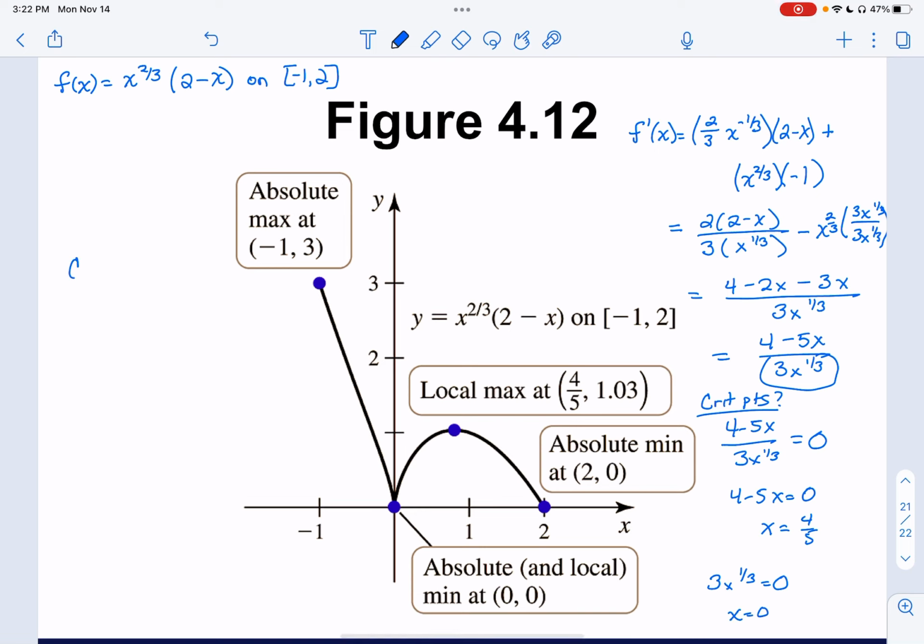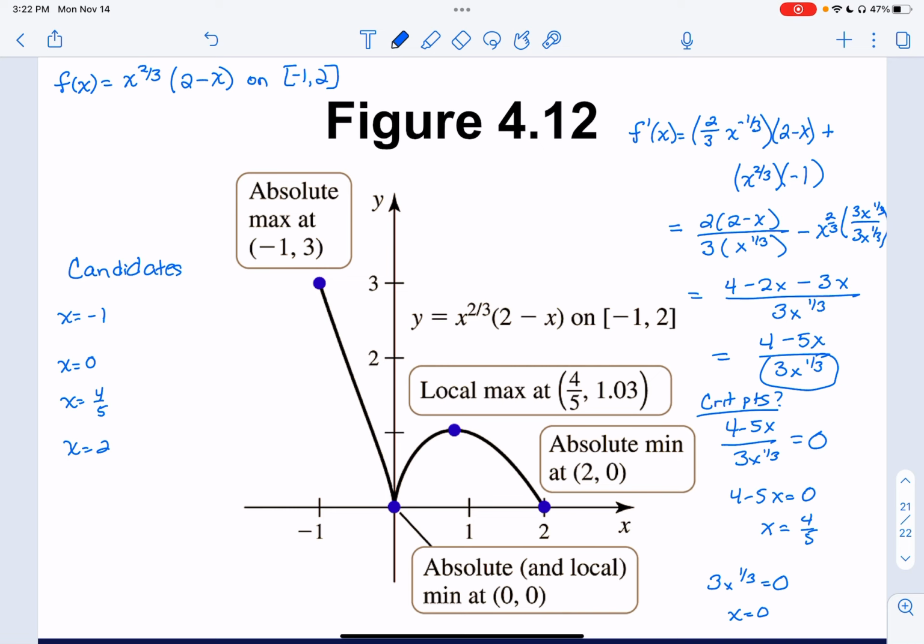So if I look at the candidates here, I have x equal to -1. That's our starting point. x equal to 0, x equal to 4/5, and x equal to 2, right?